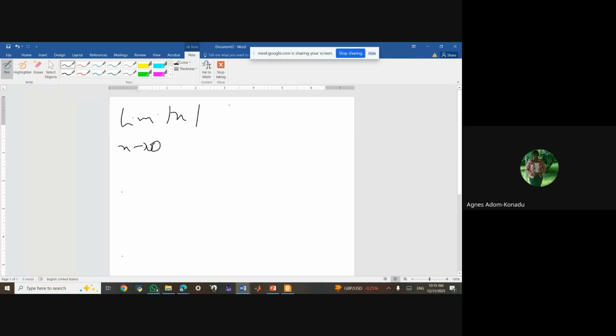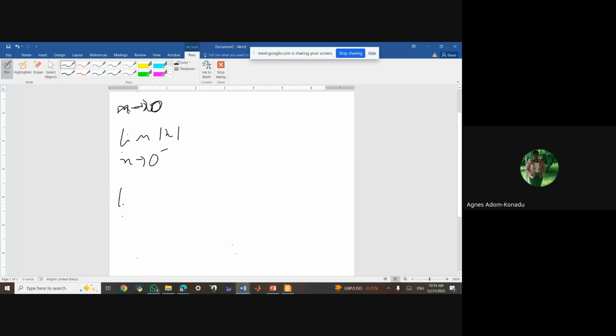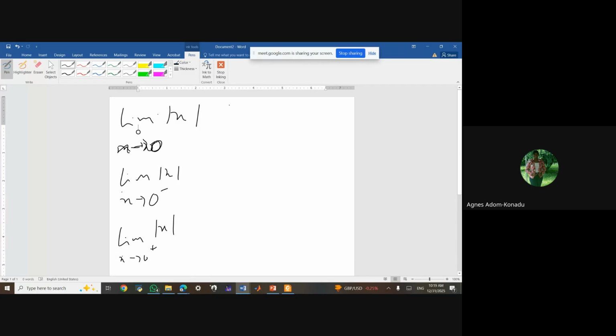The relationship between the one-sided limits and the two-sided limit is that to find the limit as x approaches 0, I have to find the limit as x approaches 0 from the left of this function. Then I find the limit as x approaches 0 from the right of the same function. The definition for this function is x if x is greater than or equal to 0, and negative x if x is less than 0.